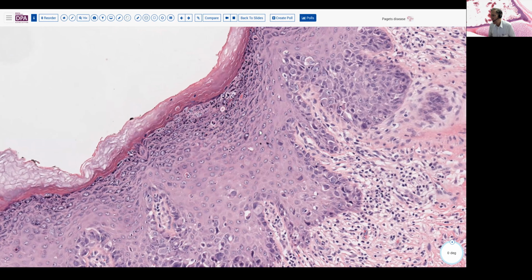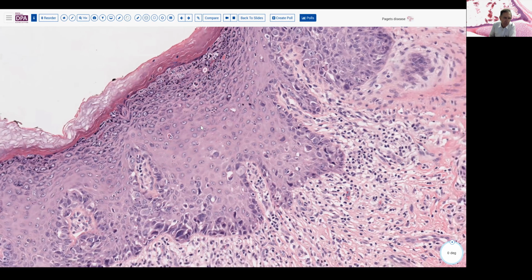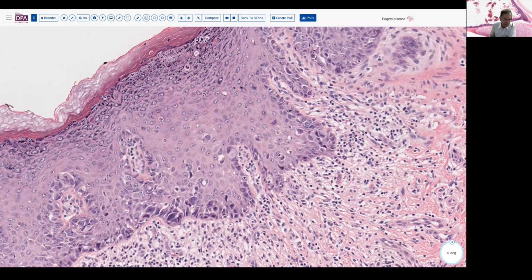So our immunohistochemical stain sequence that we would use in this situation would be something like CK7, SOX10, HMB45, or any other melanoma cytoplasmic marker, MART1, maybe S100, to identify the melanocytes.